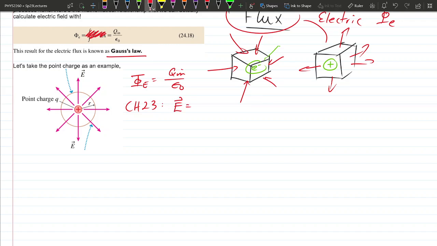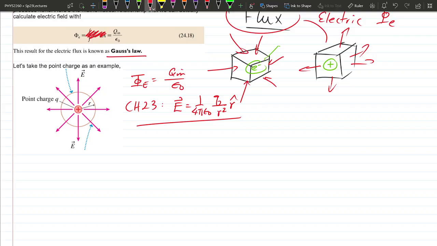The electric field is actually 1 over 4 pi epsilon naught, times the amount of charge in the center divided by r squared, in the r hat direction. That's from chapter 23; we already know what that answer is. So let's see if we can figure that out using Gauss's law instead. Let's do the left-hand side.